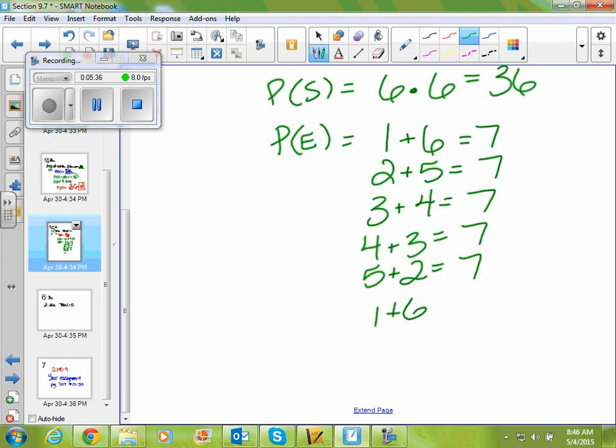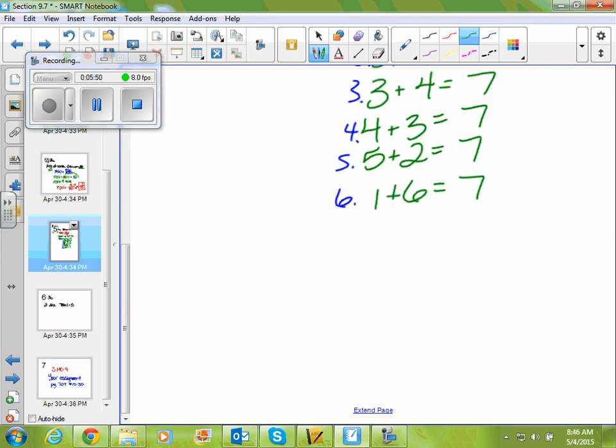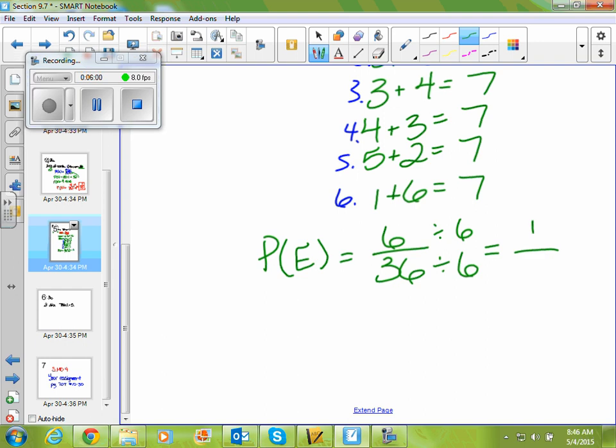And a 6 and a 1 will give me 7. So I have a total of 6 options out of my 36 total. So the probability of my event is 6 over 36, which reduces by 6 to give me 1/6. So the probability that my dice add up to 7 is 1/6.